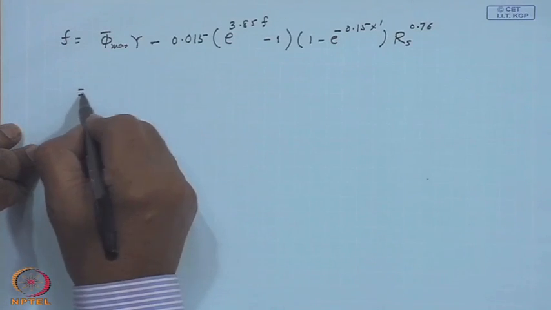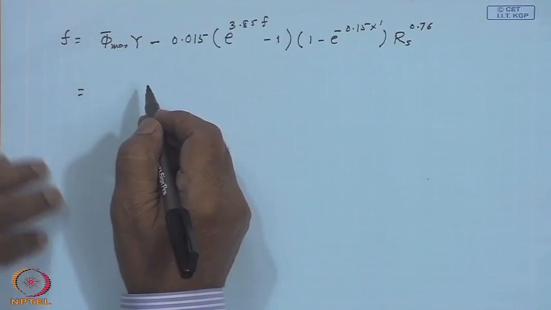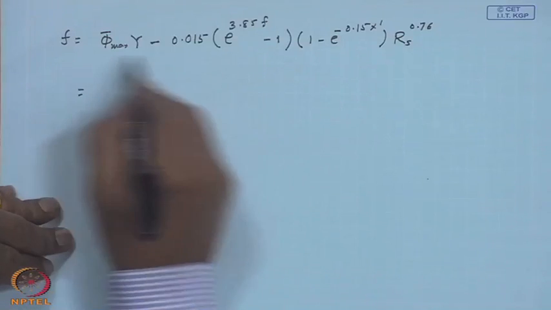So, I will try to put all the numbers that we know, so that it will be easy to iterate later on, because this is an implicit relation.